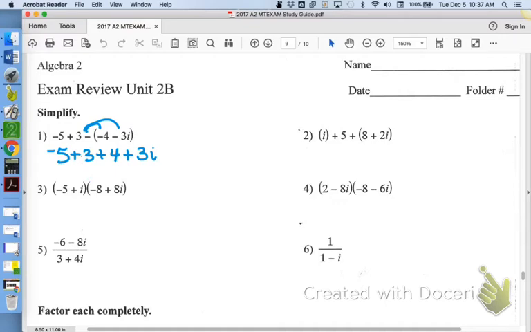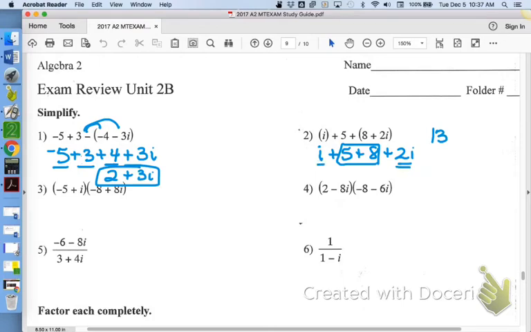I thought I had an extra i. We're going to add negative 5 with 3, which is negative 2, plus 4 is positive 2, plus 3i. So there's your answer. Okay, number 2, if I drop all the parentheses off, nothing is going to change because it's all addition. And I'm just going to add these two, which gives me 13, and these two, which gives me plus 3i.